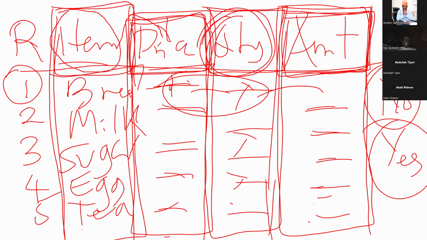We'll see bread there. And then we can link it to item 1 in price, item 1 in quantity, and item 1 in amount. And we will be able to handle all of the products that we have.